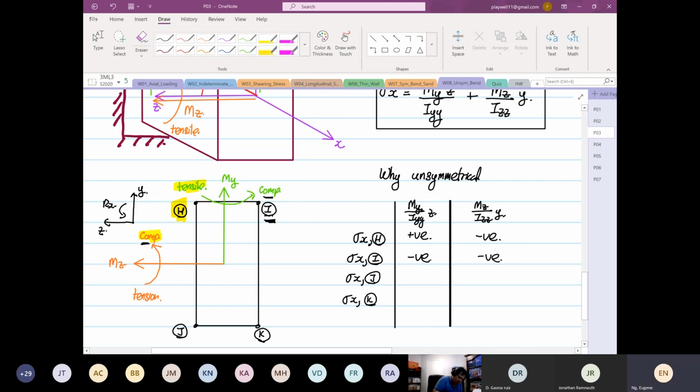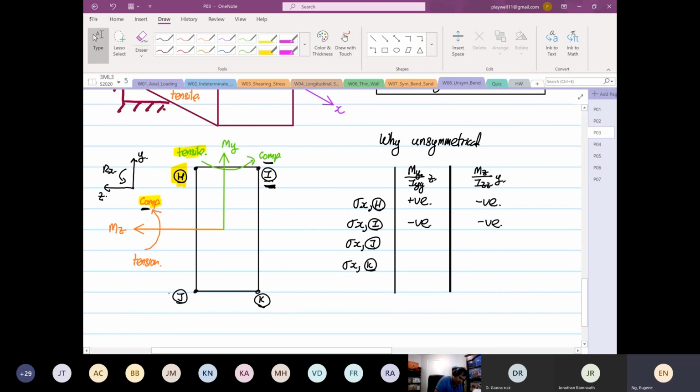And then if we were to look at J, right? So if you look at J, due to MY will be tension. So this will be positive. And then based on MZ will also be what? Tension. Right?